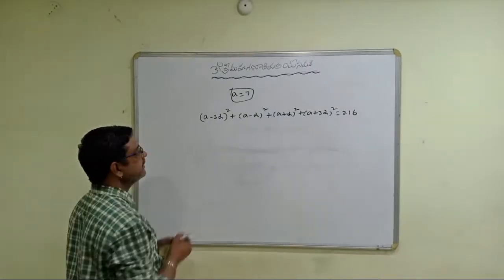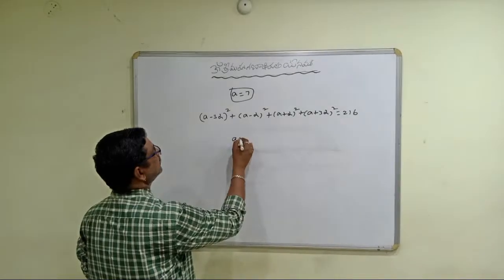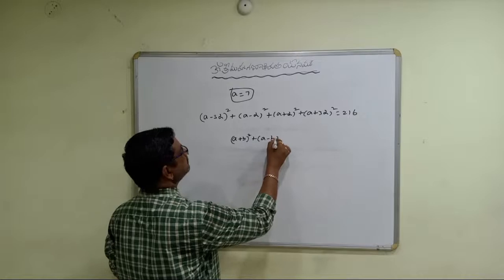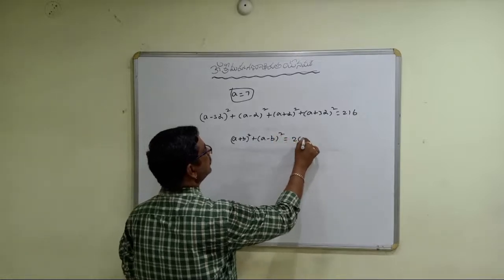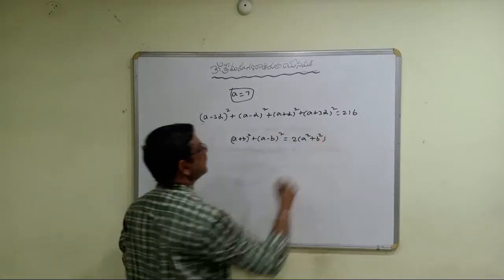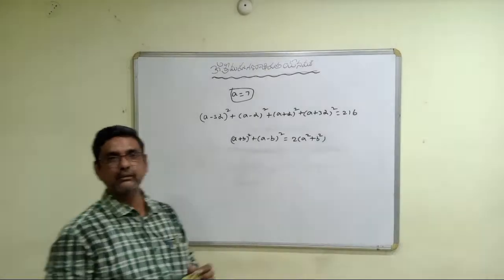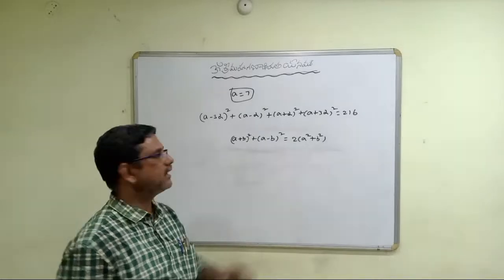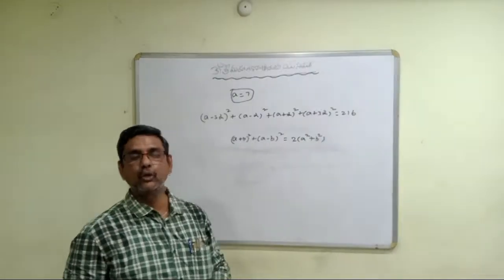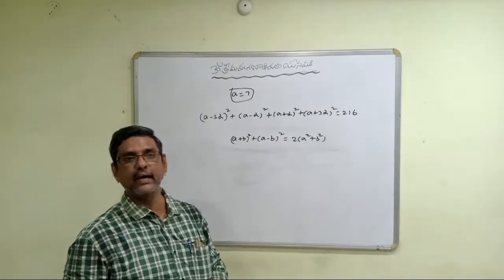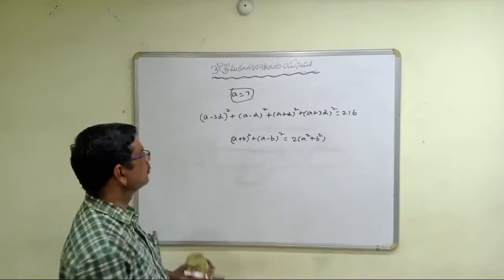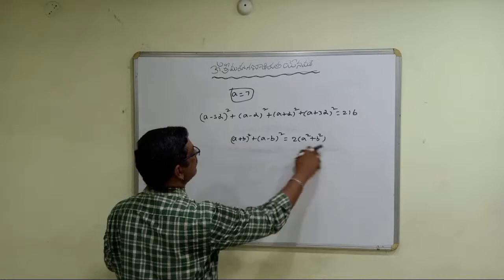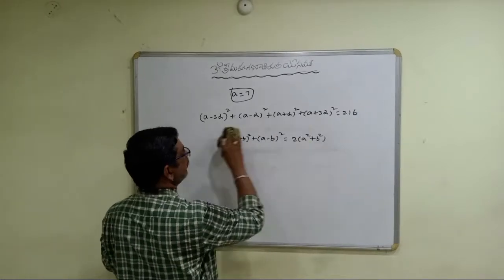Now, we have a formula that a plus b whole square plus a minus b whole square is 2 times of a square plus b square. So we need to apply this formula in solving this problem.